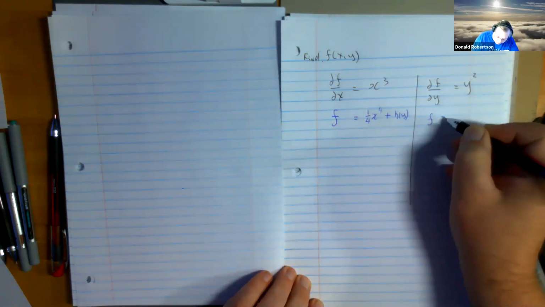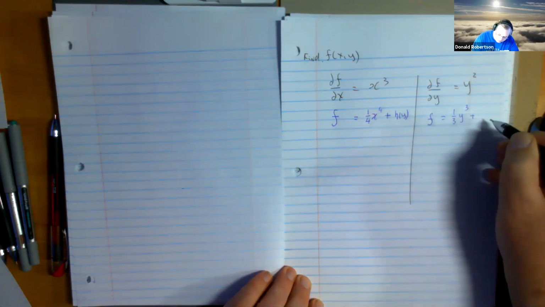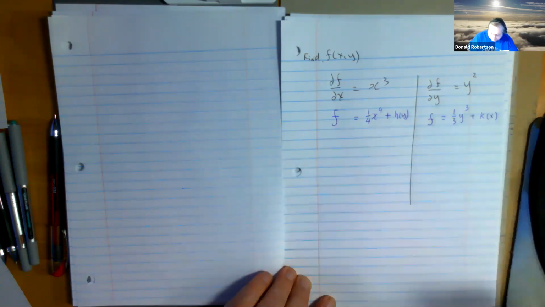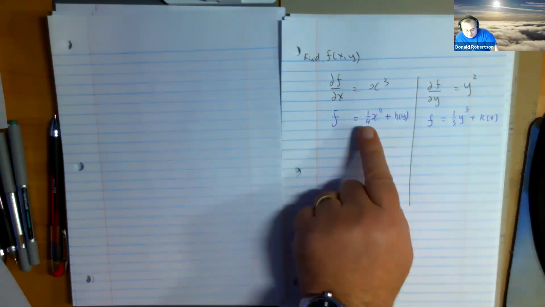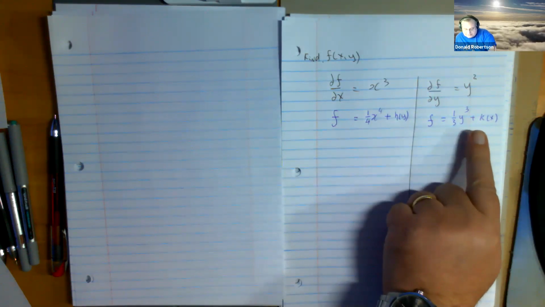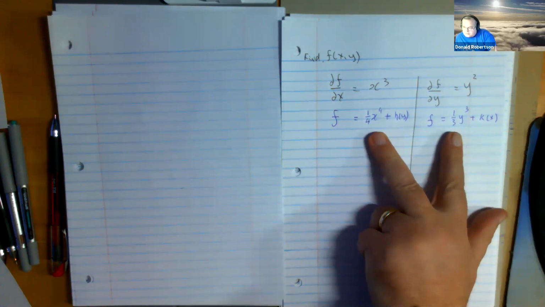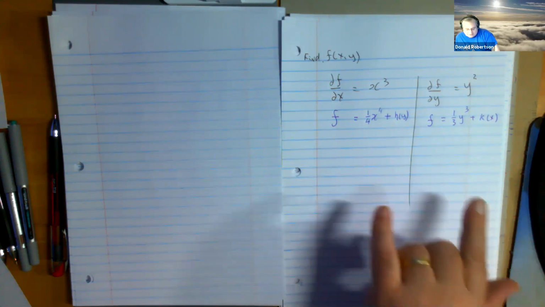If I do it over here, won't we get 1/3 y cubed, plus a constant, which I'm going to call k of x? Now, this function has to be this function. So it's kind of what you said, add. I'd probably use the word combine instead. I'm going to combine the information from here and here.